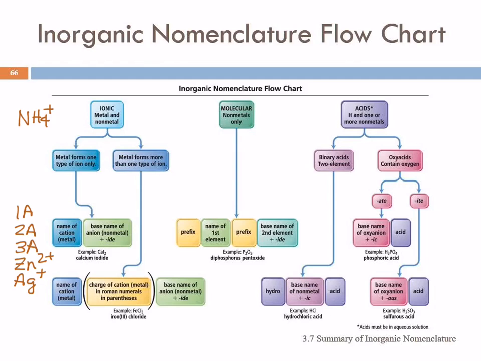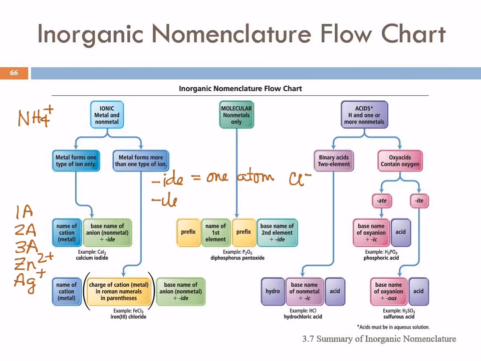Let's see. So ide is used for monatomic anions. So that is just one atom. So just oxygen, just phosphorus, just sulfur, just chlorine. So an example would be Cl-, that's chloride.